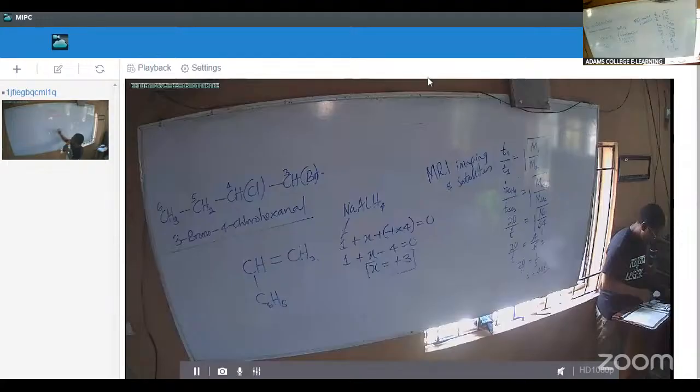Then radon is used in cancer therapy and geological studies.